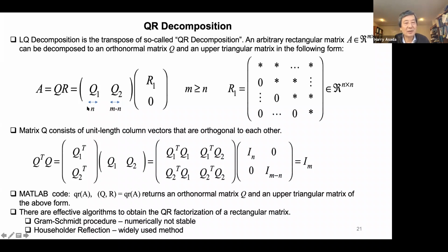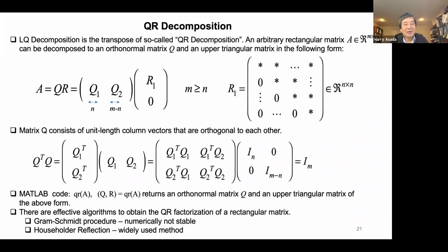That is why we call the matrix Q an orthonormal matrix, okay? So for an orthonormal matrix, if you multiply this way and this way, it just cancels out to the identity.